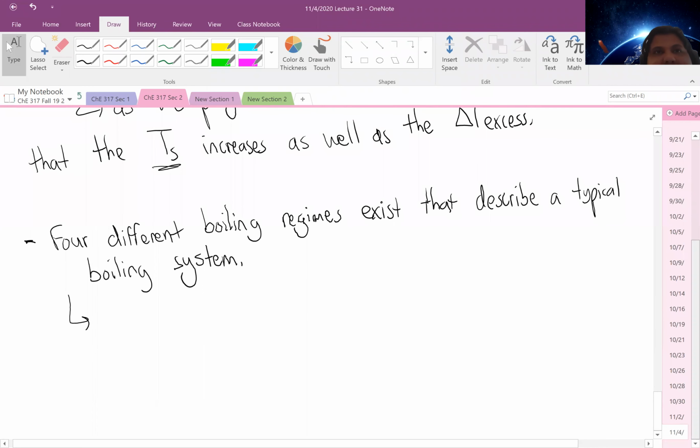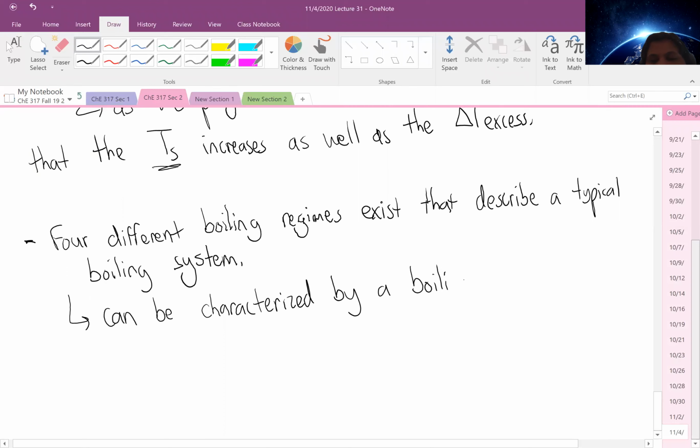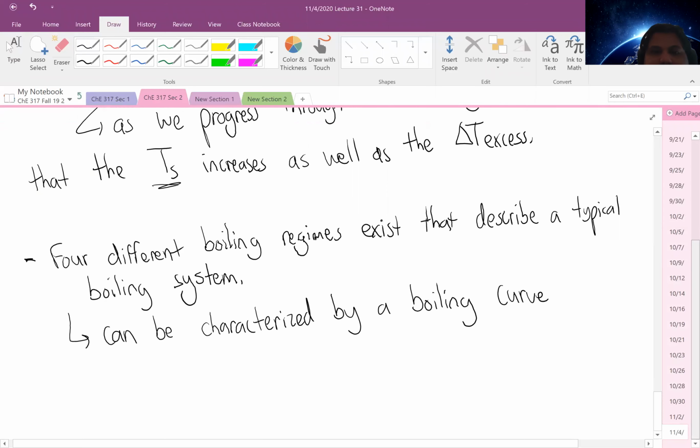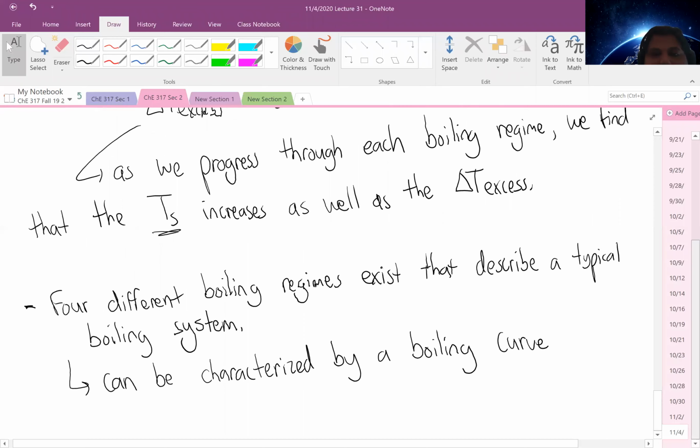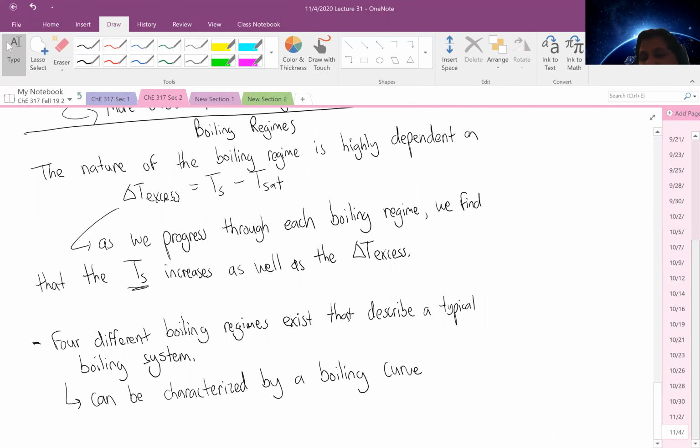And these regimes can be characterized by what's known as a boiling curve. So I'll scroll up and zoom out a little bit so you guys can jot down all of this information.